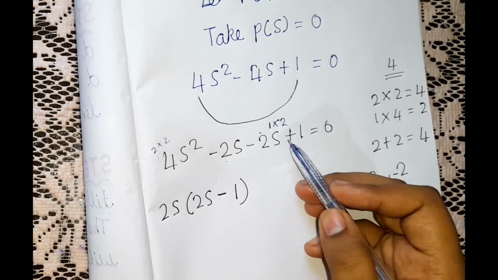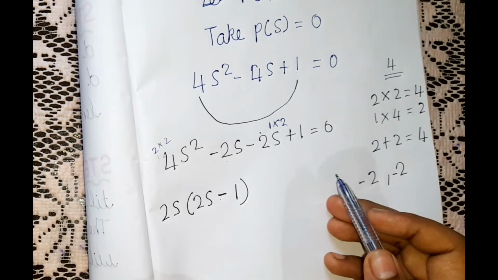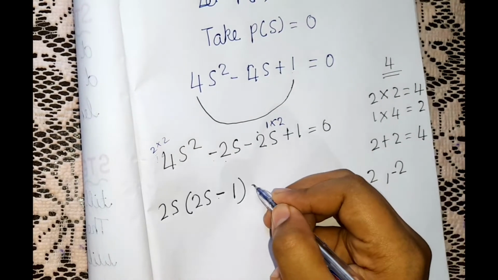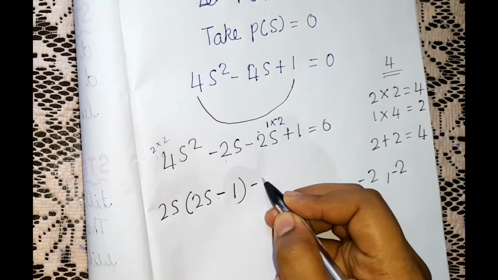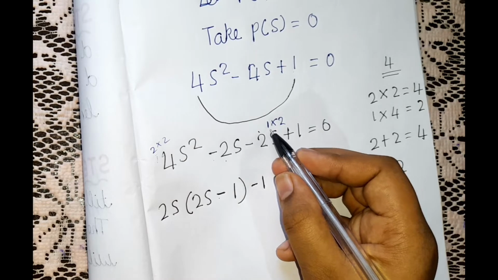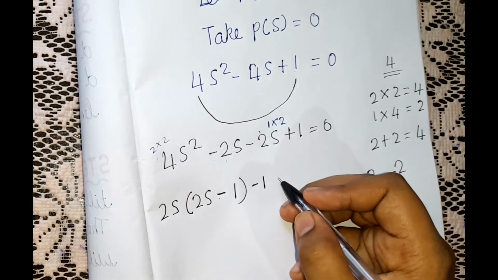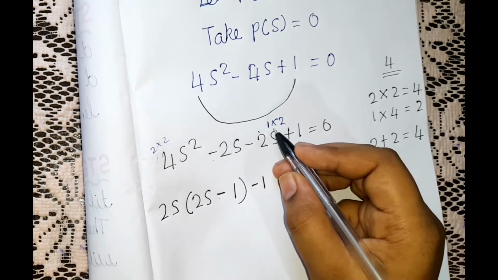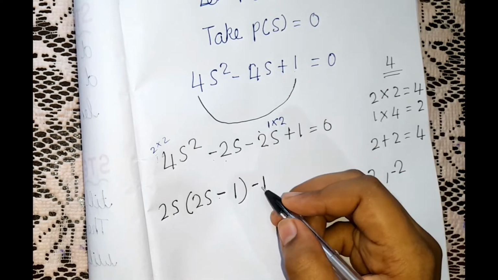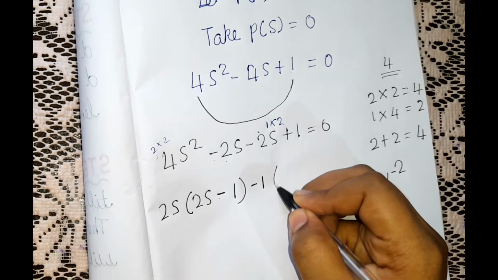So here 1 is common. So we are going to write minus as it is, and 1. Why? Because here also 1 is there, here also 1 is there. So 1 is common. When you split the numbers, you get 1 into 2. So here 1, here also 1. So I took the 1 as common, and bracket.